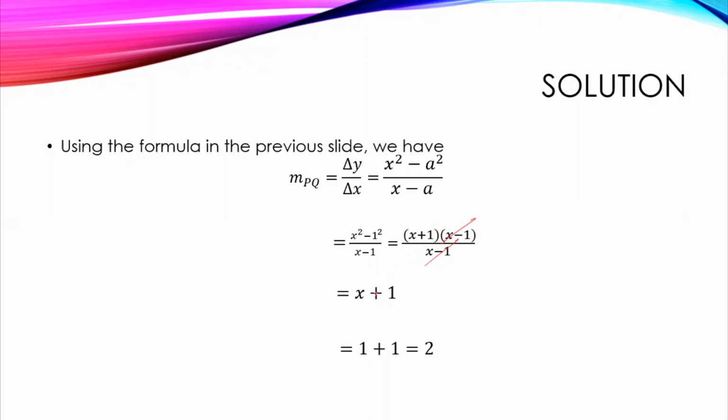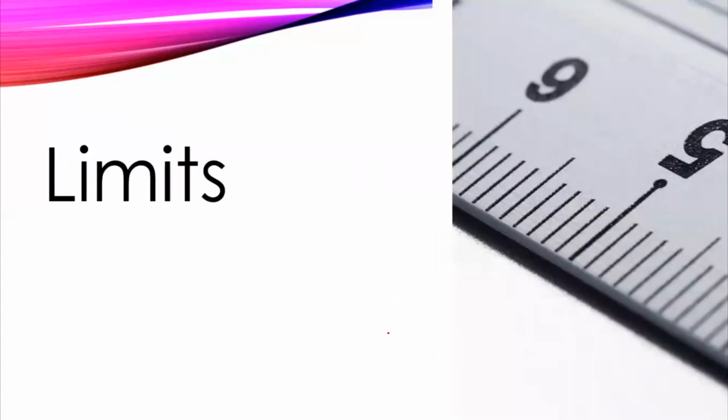And since we are going to find the slope of the secant line at (1, 1), we just simply substitute the value of our x, which is 1. So this becomes 1 plus 1 is equal to 2. In other words, the slope of the secant line is equal to 2. Okay? So much for that. That is how we use the concept of the slope of the secant line.